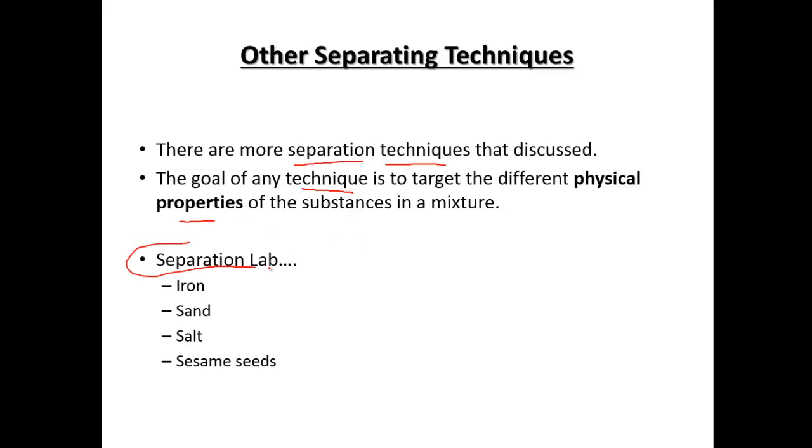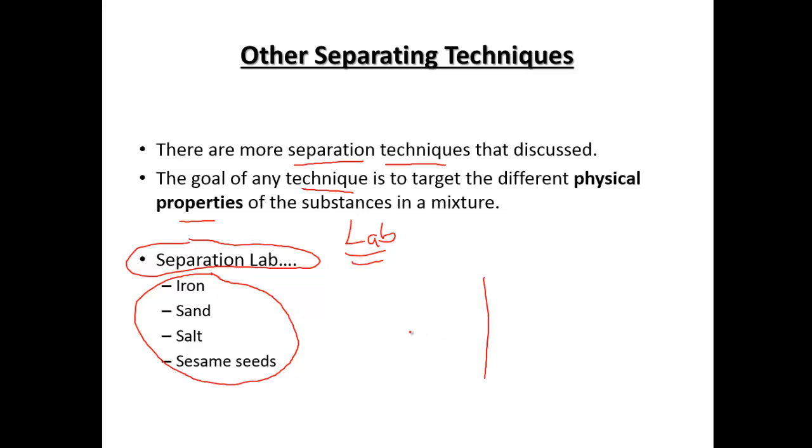In our separation lab tomorrow, you are going to be given a mixture of four substances. Your goal is going to be to figure out how you could separate iron, sand, salt, and sesame seed into four separate piles.